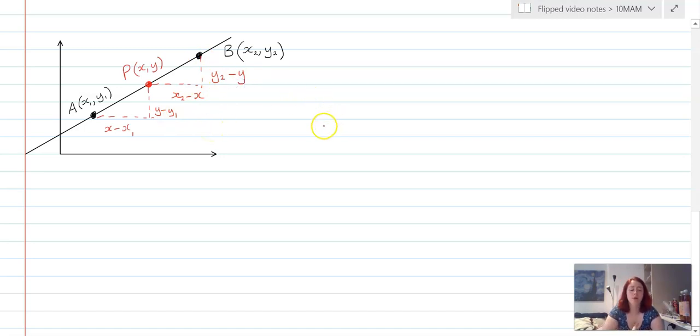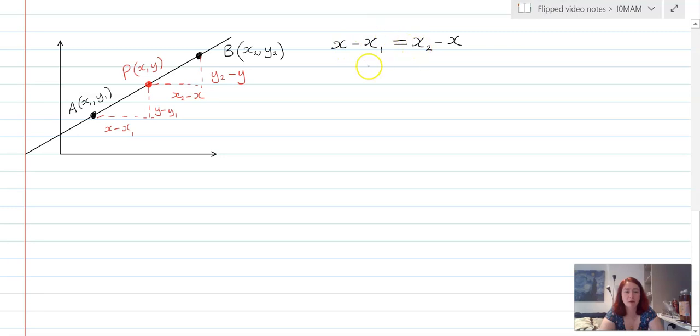Now, if we want to look at finding the average distance, given that it's the midpoint, it needs to be the same distance away from both points. So P is the same distance away from A as it is from B. So if we think about the x, then we're saying that x minus x1 must be equal to x2 minus x.